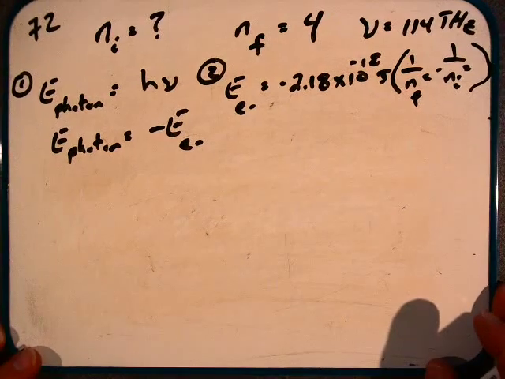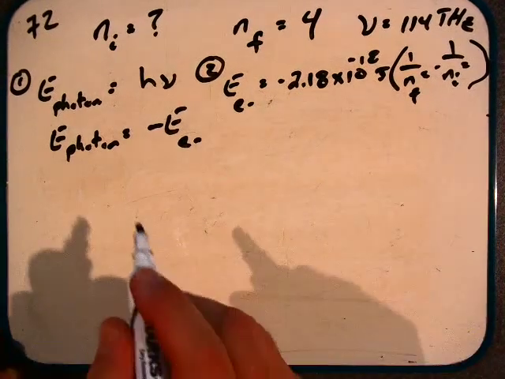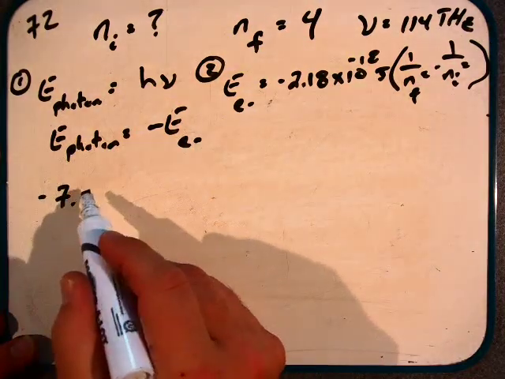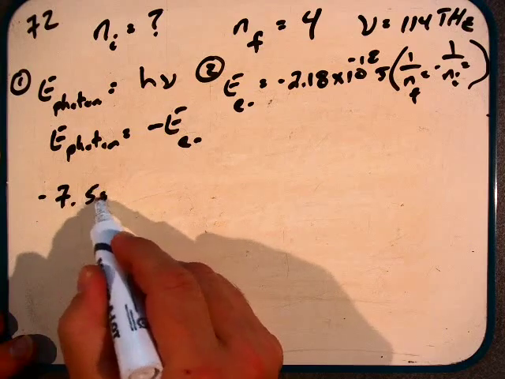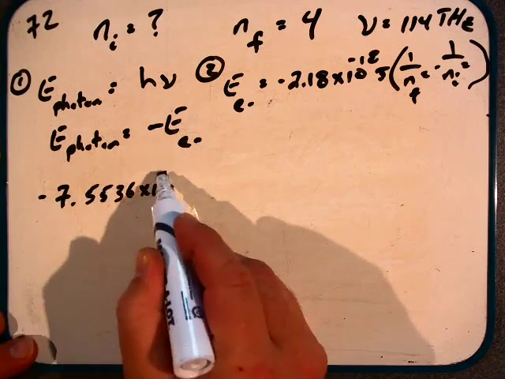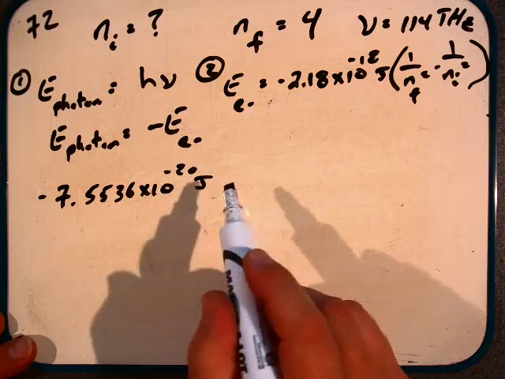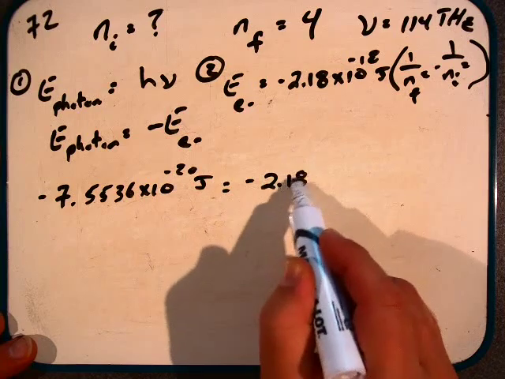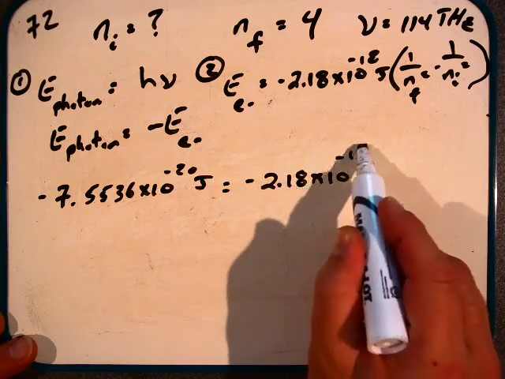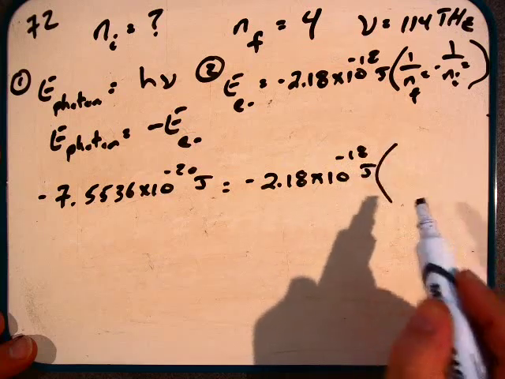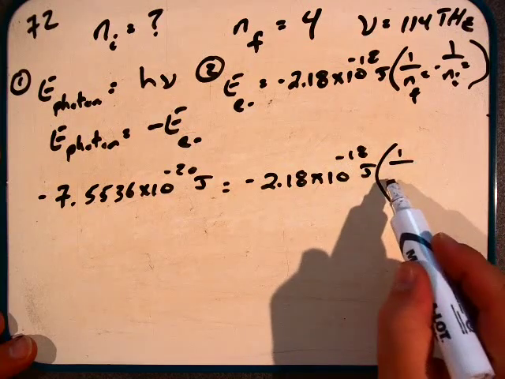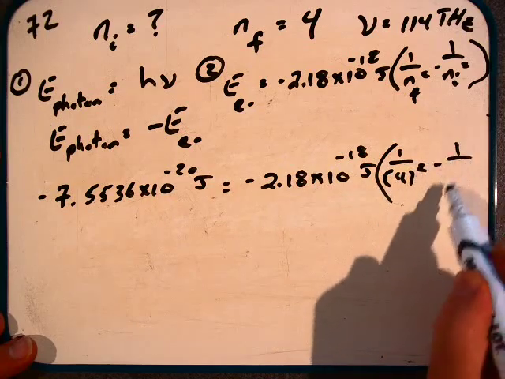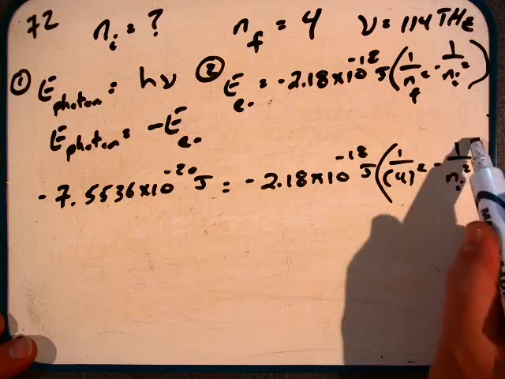So using equation 2 now, I would have my energy of the electron, negative 7.5536 times 10 to the negative 20th joules, equal to negative 2.18 times 10 to the negative 18th joules times 1 over 4 squared minus 1 over n initial squared.